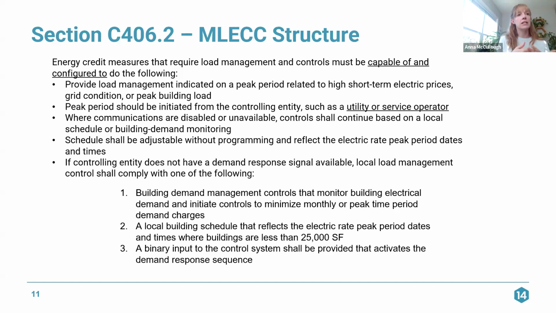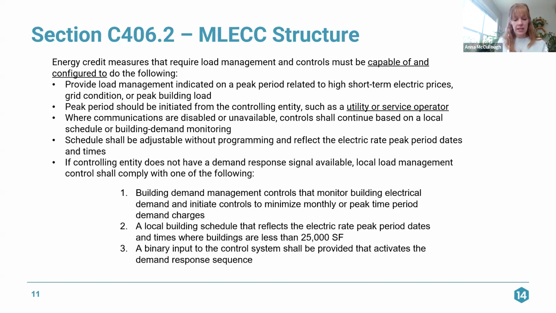If you are building a building in a location that does not have a response signal available or one of these demand side management programs available, local load management control has to be able to do one of these things. It has to have building demand management controls that monitor building electric demand and initiate controls to minimize monthly or peak time period demand charges.